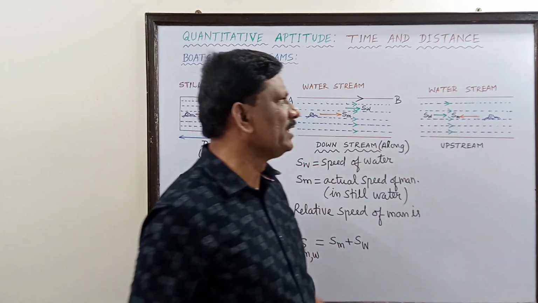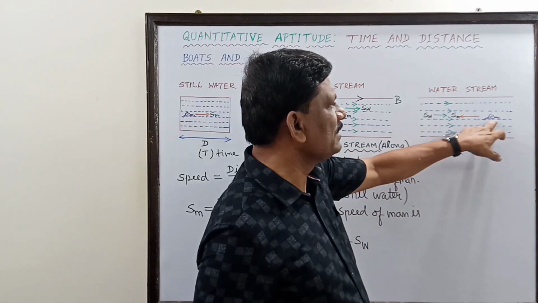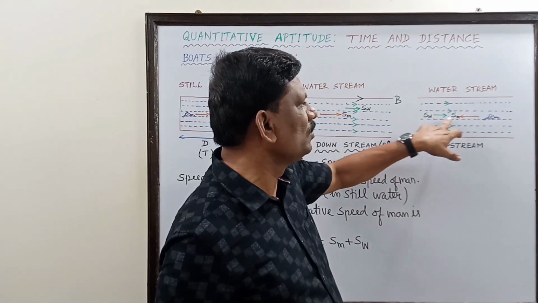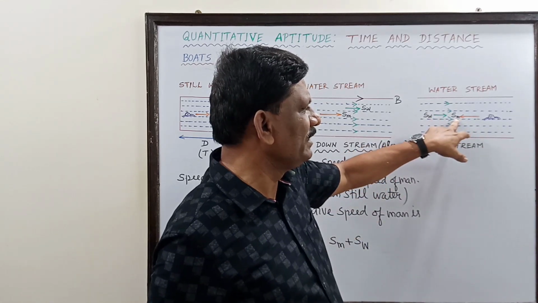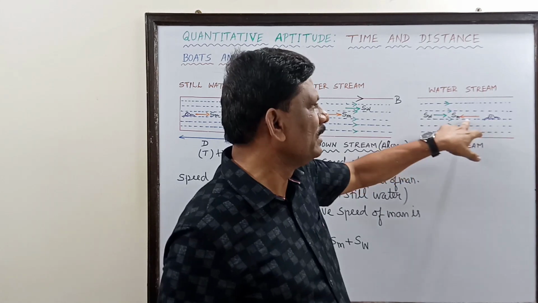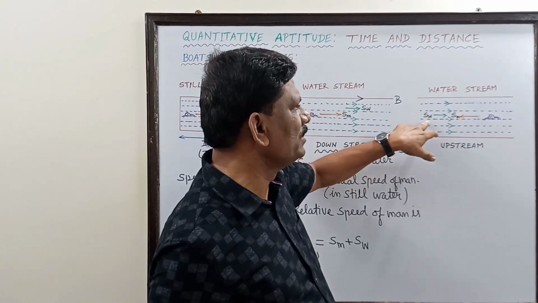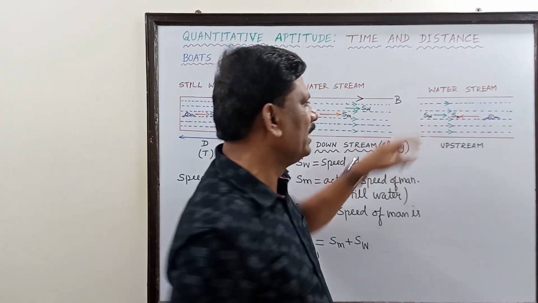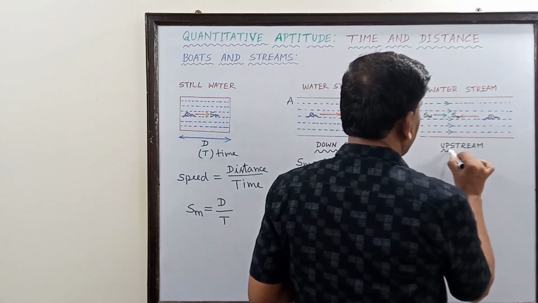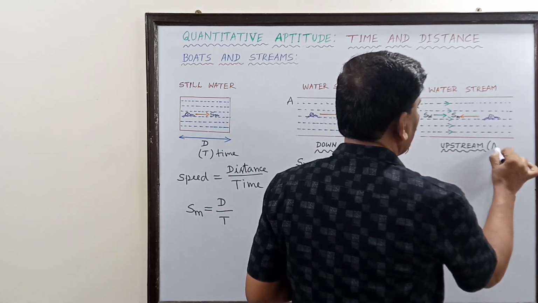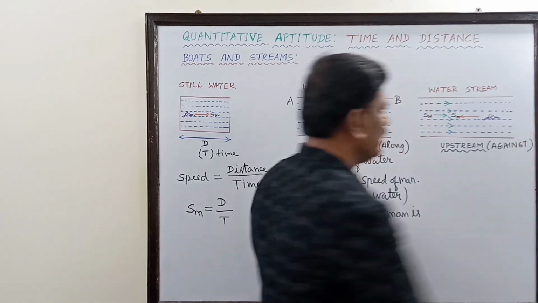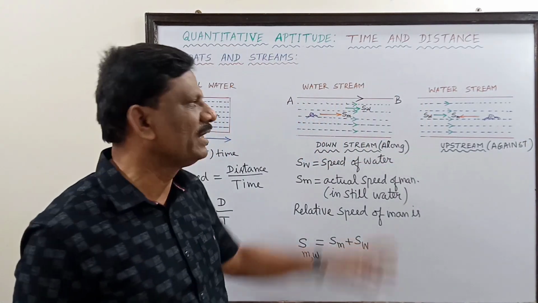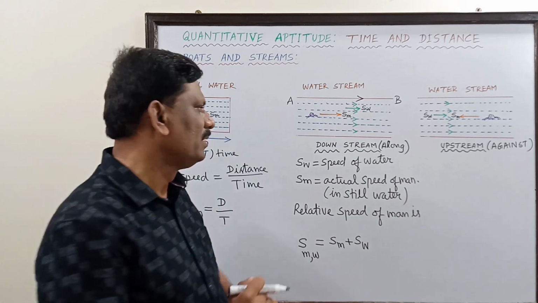Okay, in the third picture you see a man is swimming opposite to the direction of water. The actual speed of the man is Sm, and the direction of swimming is opposite to the direction of water, and this is called upstream. Upstream means he is swimming against the direction of water.